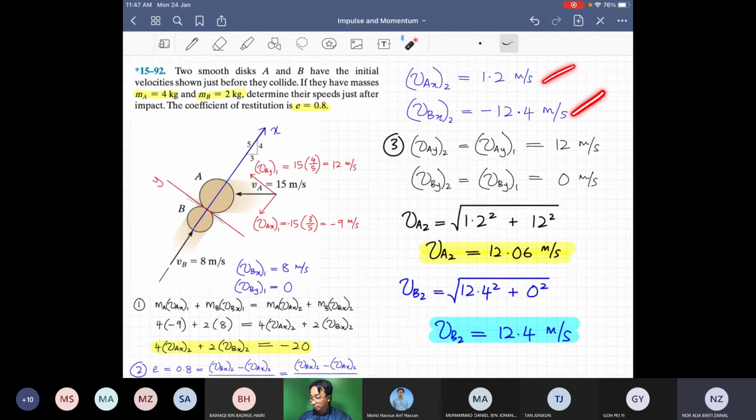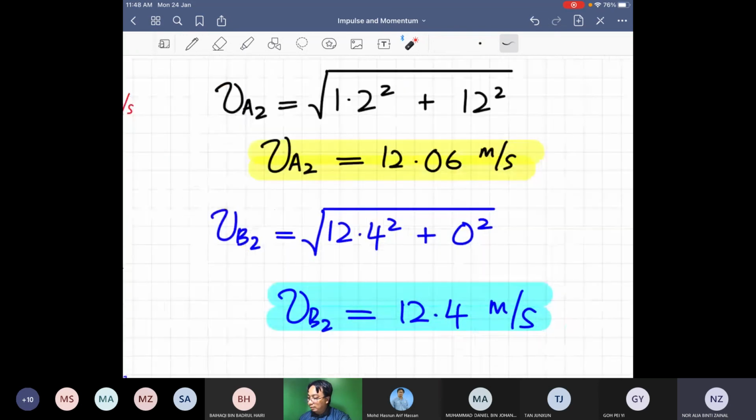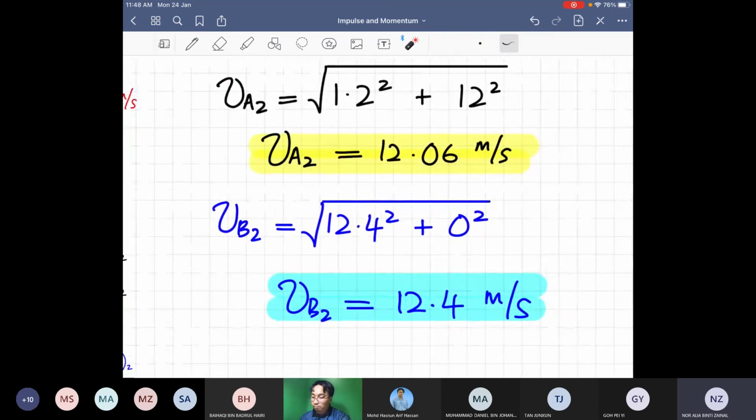You akan dapat these two, VAX2 and VBX2. And then this will be the conservation of momentum in y-axis, step number 3. And then you will calculate the magnitude to get VA2 and VB2. This is calculate the magnitude. Okay, magnitude calculation.